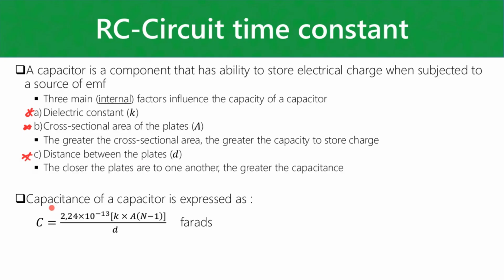We can express the capacitance of a capacitor with this formula here. You will see something that looks like the number of turns, but it's actually the number of plates, so that's N minus 1.